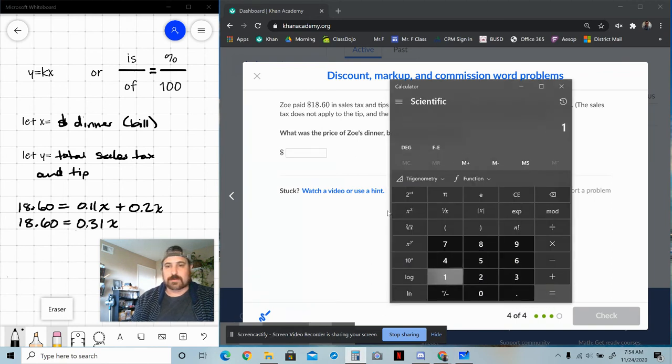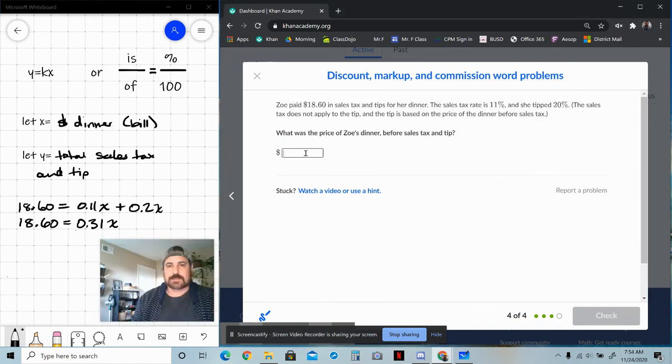It's going to be 18.6, right? The dollar amount that you paid, including tax and tip, and then you're just going to divide it by 0.31, because you want to divide both sides by that 0.31 to get the value of 1X, or the amount of the bill before tax and tip. And it's going to be 60, okay?